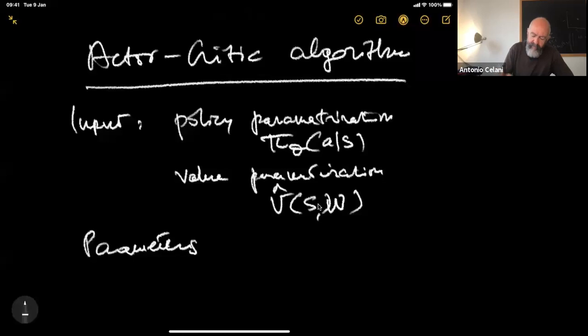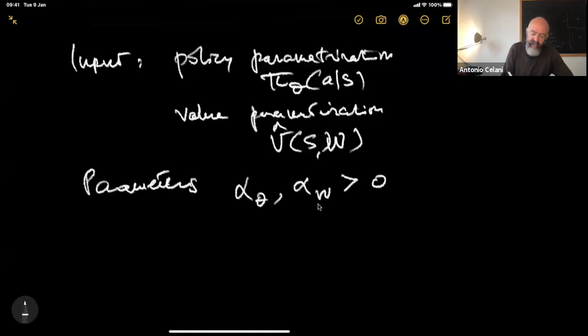You have two parameters, one to learn the policy, and one to learn the value parameters. Both must be positive, and as always, they should be scheduled accordingly if you want this algorithm to converge to something with probability 1, and whether this something is optimal or not depends on the approximation.